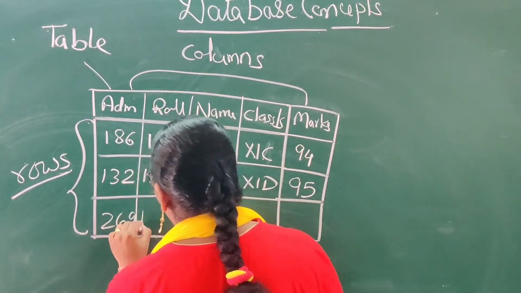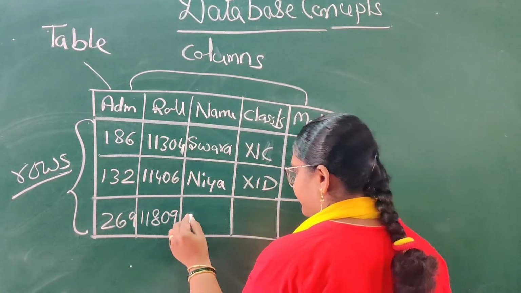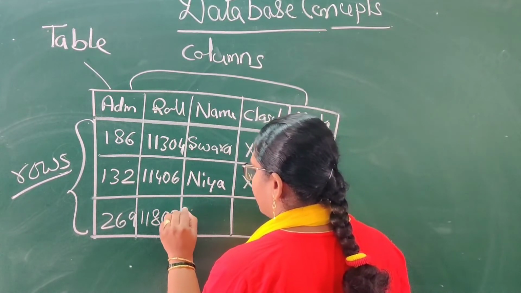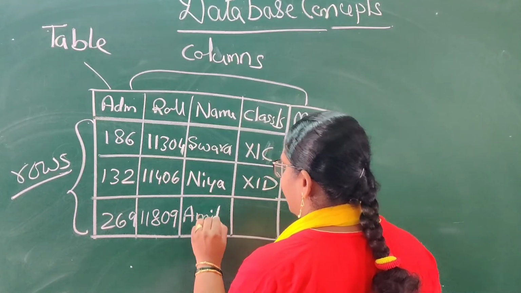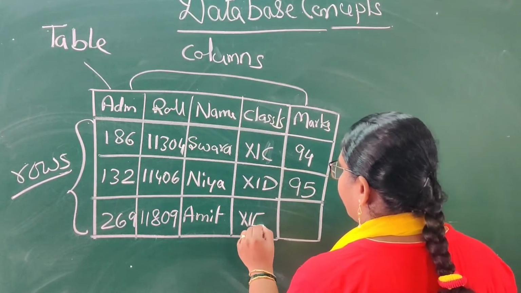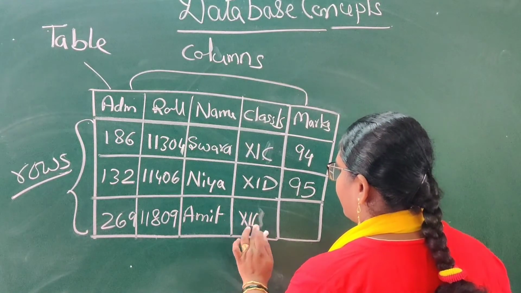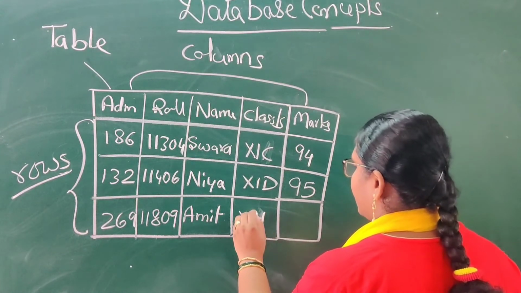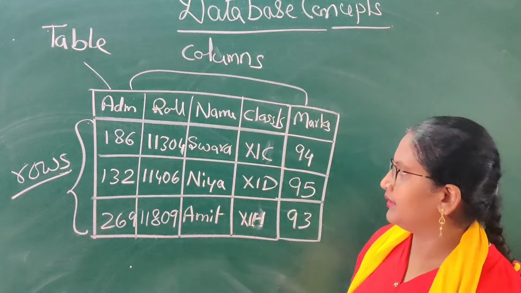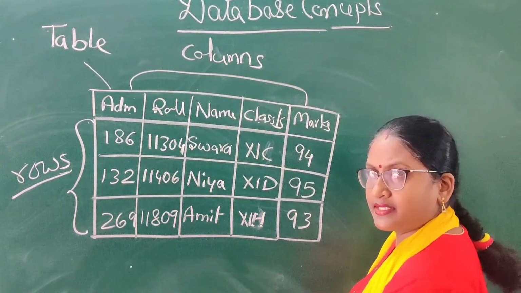Then 269, 11809, name Amit, 11E, 93. These are the headings.